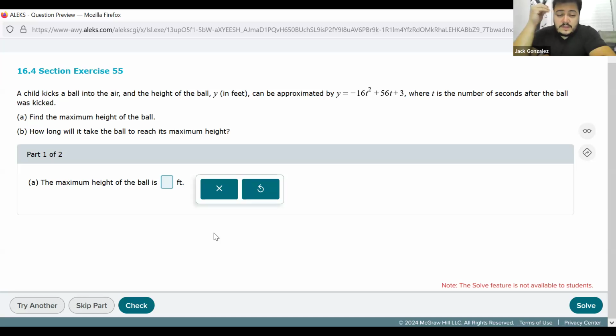So basically all they're really asking is, what's the vertex of this parabola? Right, that's technically what they're asking, because the peak would be the maximum height. So that'll be the y value. How long would be the h, right? So h is the time, k is the height.